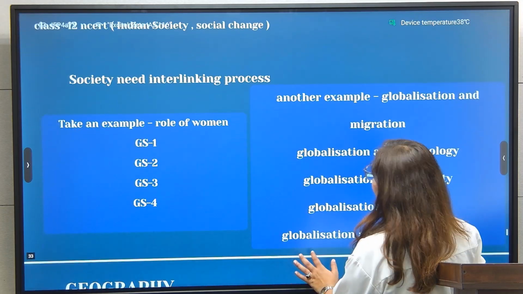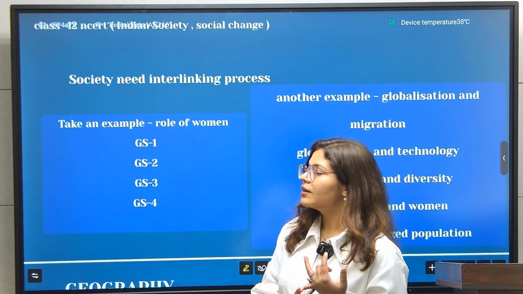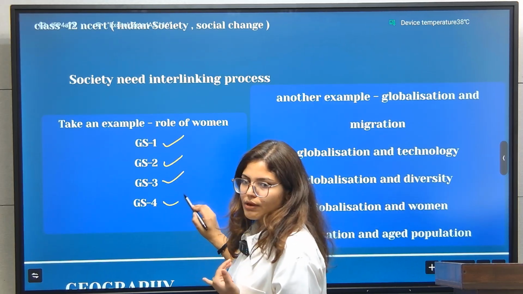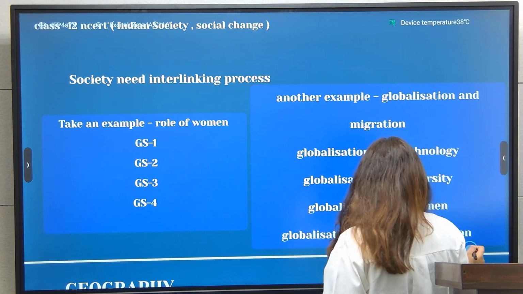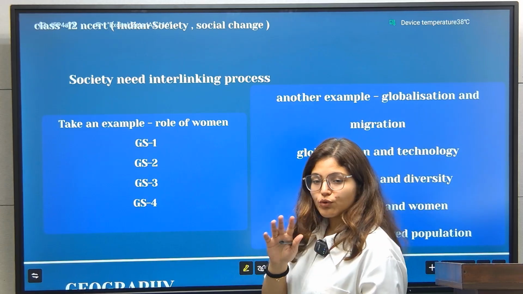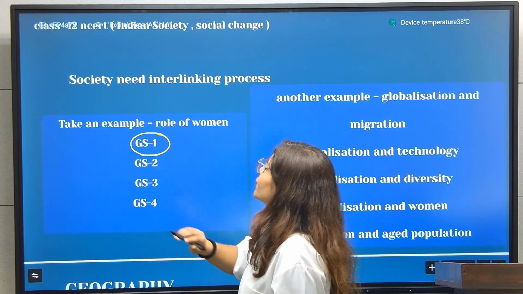Now let's take an example. See, role of women is asked in GS1 also, GS2 also, GS3 also and GS4 also. So now, if role of women came in GS1, then how will you think?